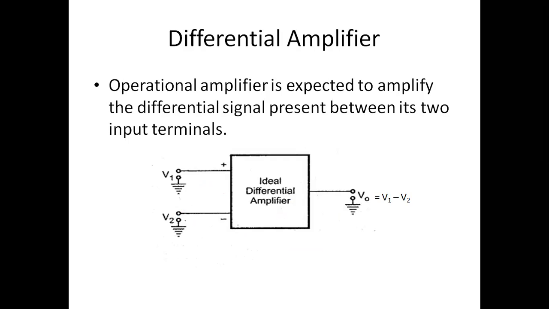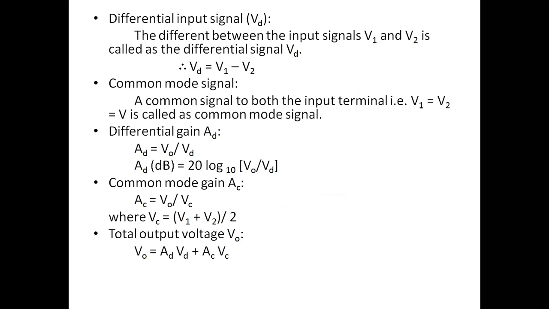If we have two input signals V1 and V2, and we connect V1 to the positive, non-inverting terminal, and V2 to the negative, inverting input terminal, then we can amplify V1 minus V2. So we can call that op-amp a differential amplifier, and you will get VO equal to V1 minus V2. So here we are supposed to study the differential input signal.